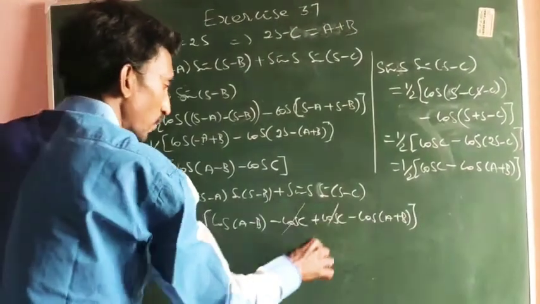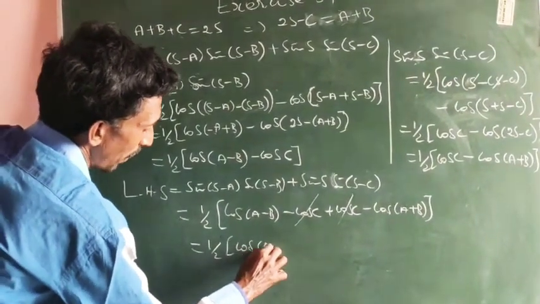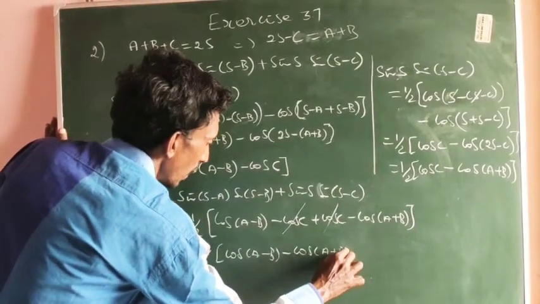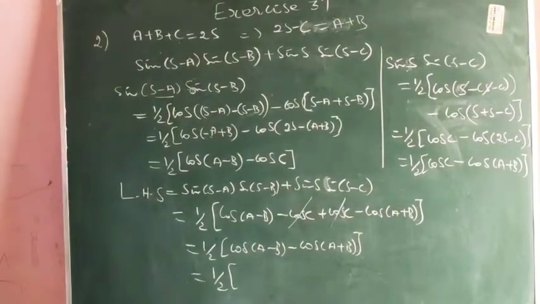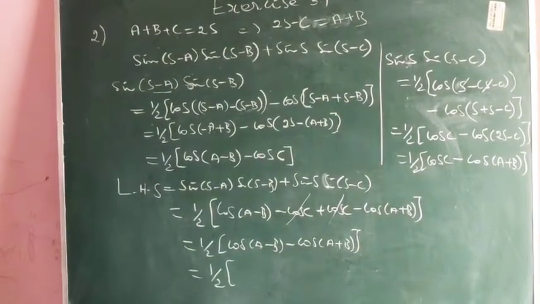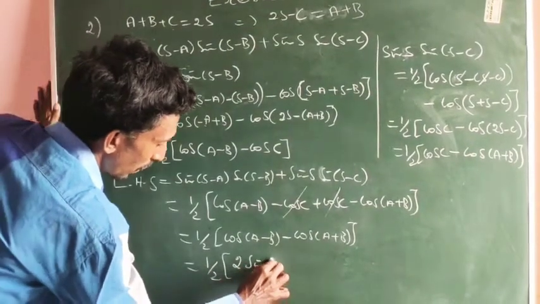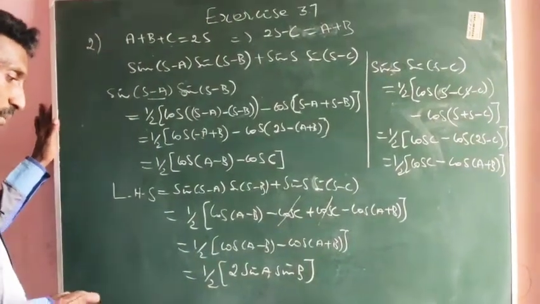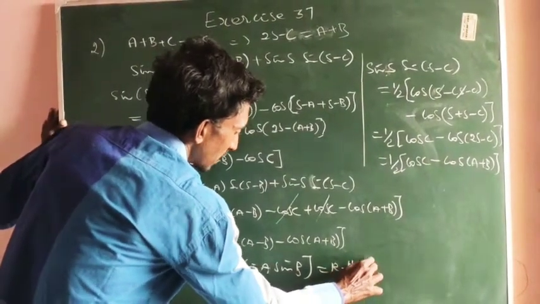The minus and plus cos c cancel, so 1 by 2 into cos(a minus b) minus cos(a plus b), which is 2 sin a sin b. The 2 cancels, which is the RHS.